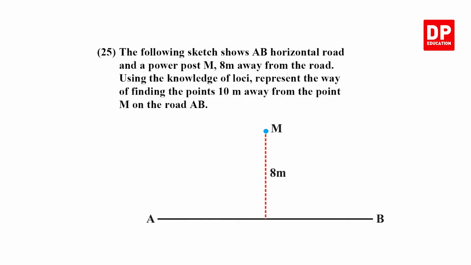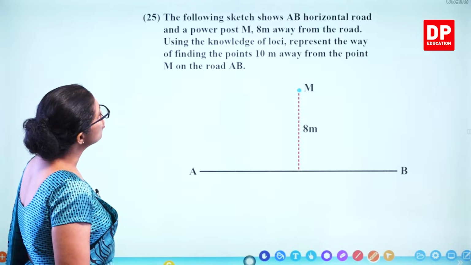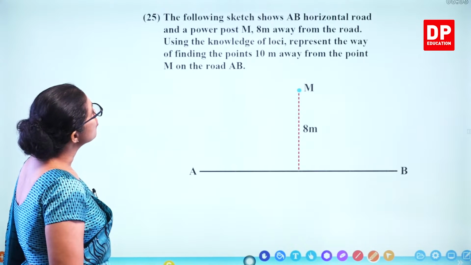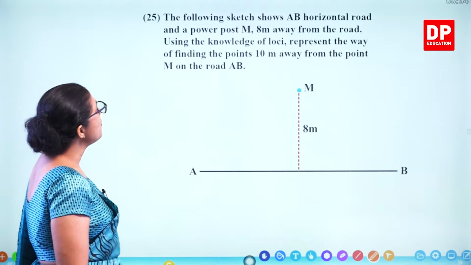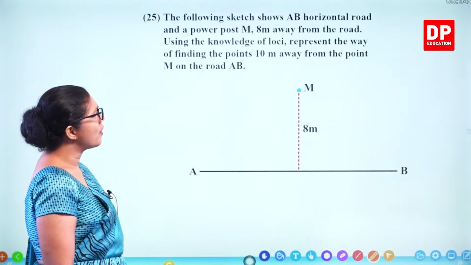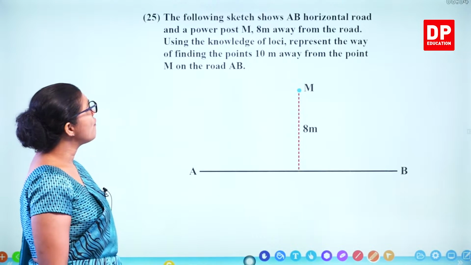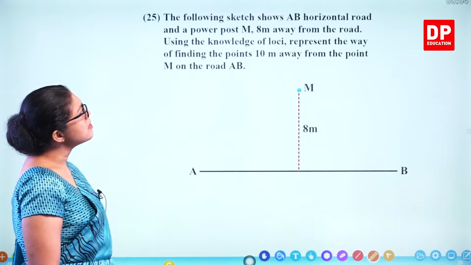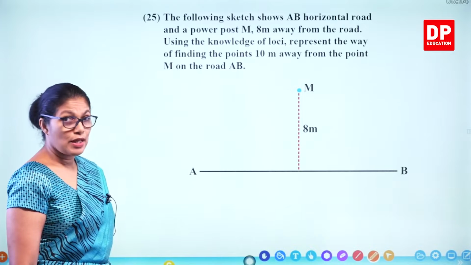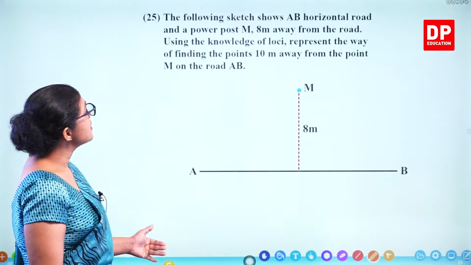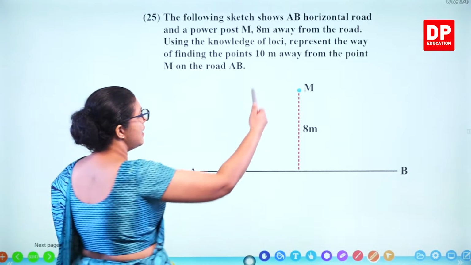Question number 25. That's your last question in part A. The following sketch shows AB is a horizontal road and a power post M 8 meters away from the road. Using the knowledge of loci, represent the way of finding the points 10 meters away from the point M on the road AB. So, 10 meters means more than 8.